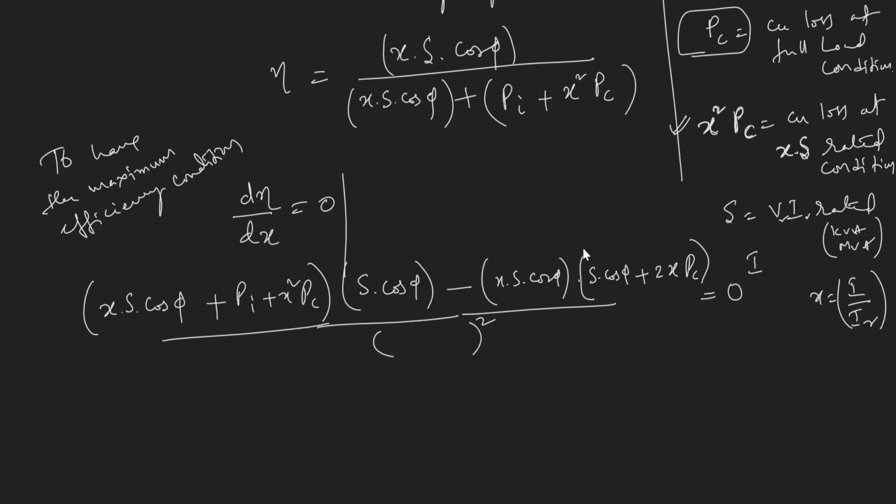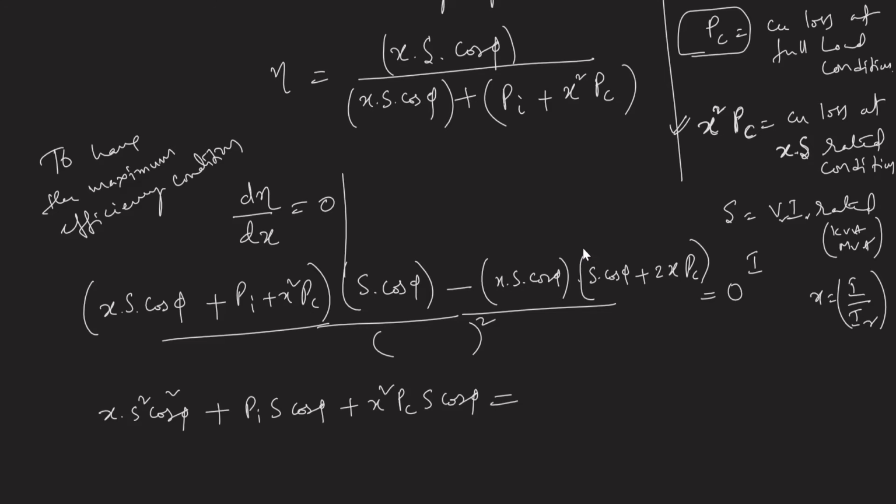Now if I equate it to 0 and do some simplification: X S square cos square phi plus Pi S cos phi plus X square Pc S cos phi. I am multiplying this, expanding.